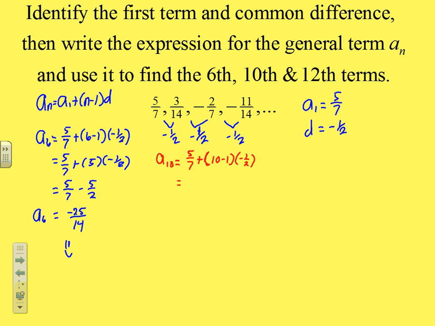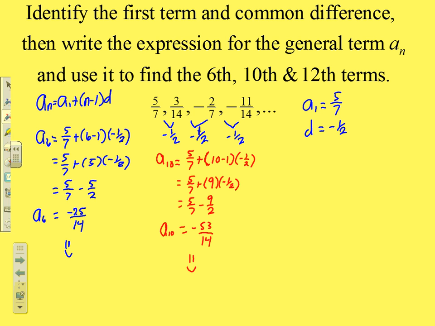We get 5 over 7 plus 9 times negative 1/2, which gives us 5 over 7 minus 9 over 2. Again, the common denominator would be 14, and using our calculators we definitely get negative 53 over 14 as our 10th term in the sequence. So there's that happy number.